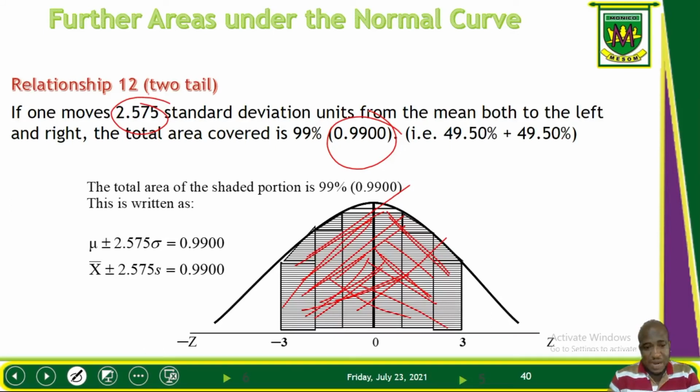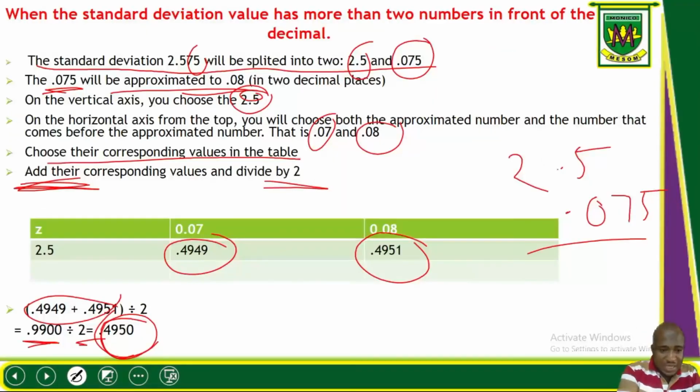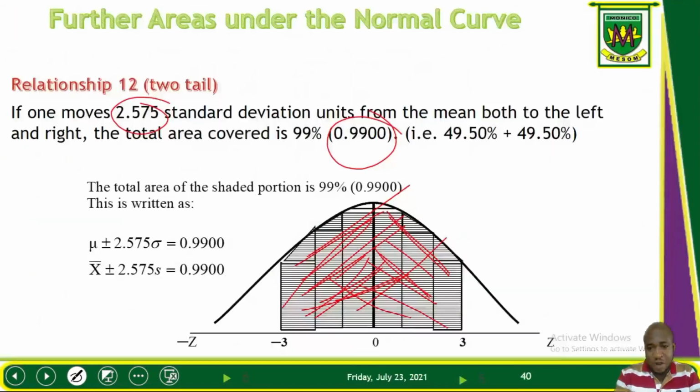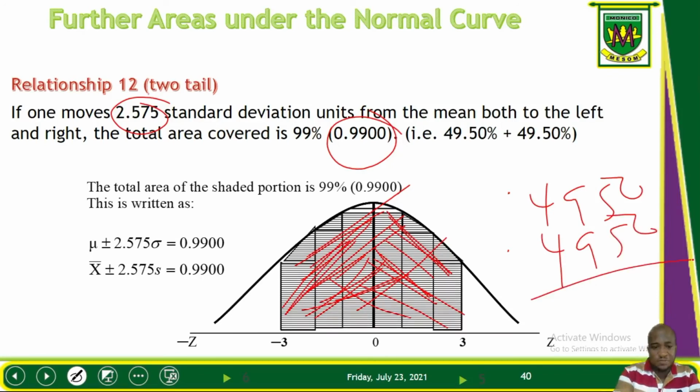0.9900. Remember I said after checking for the one-tailed on the table, you have to add the value to itself to get the two-tailed. So adding the value we got, 0.4950, to itself, because we are treating both sides, will give us 0.9900.